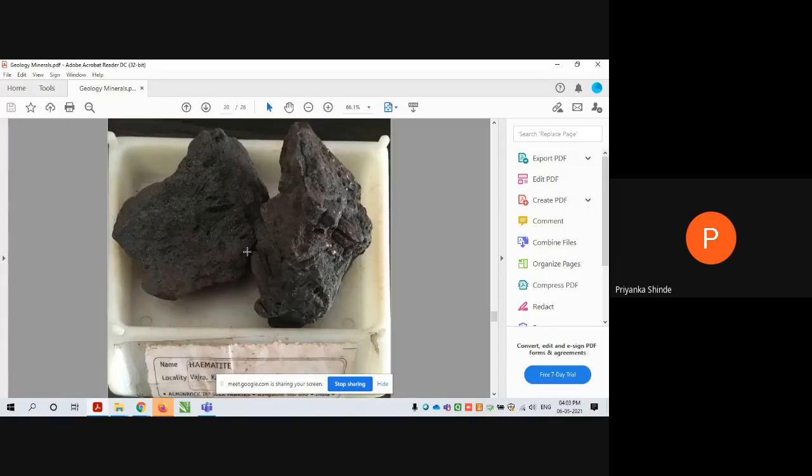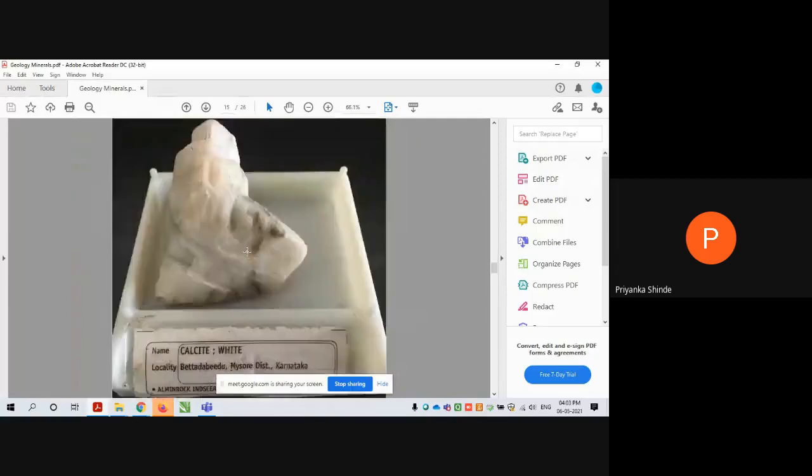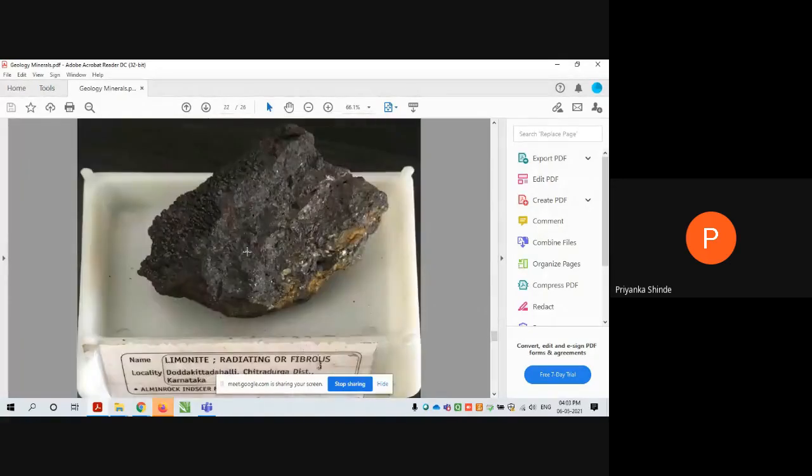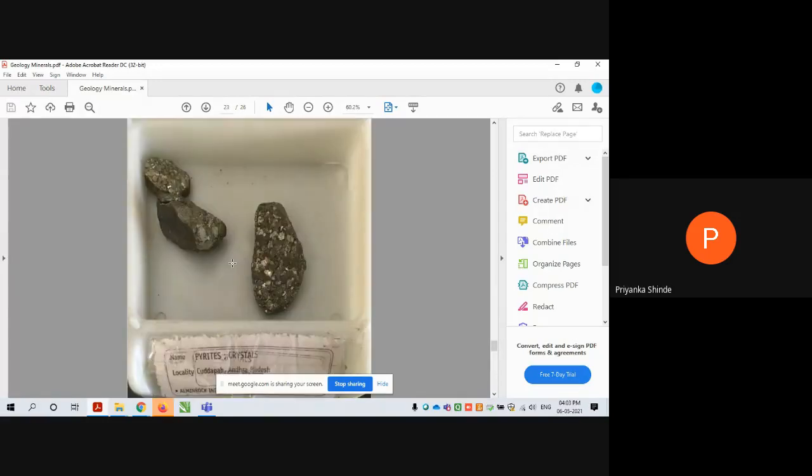Then we'll move on to the ore minerals. So what is an ore? Any idea? O-R-E, ore. So this is hematite. Hematite, limonite, pyrite, chalcopyrite, chromite, bauxite, all these are ore minerals.